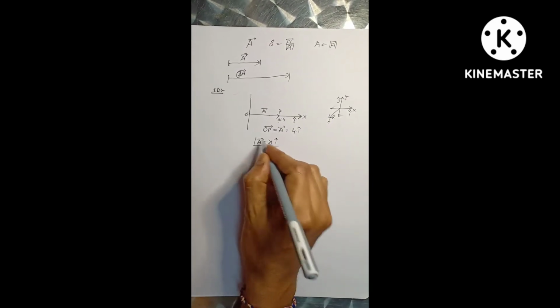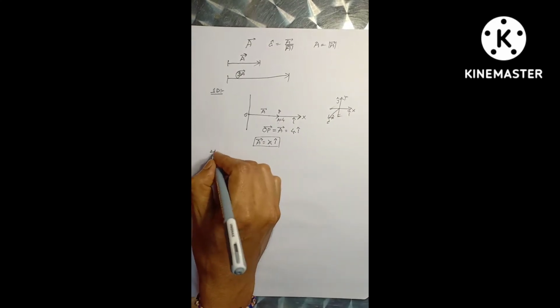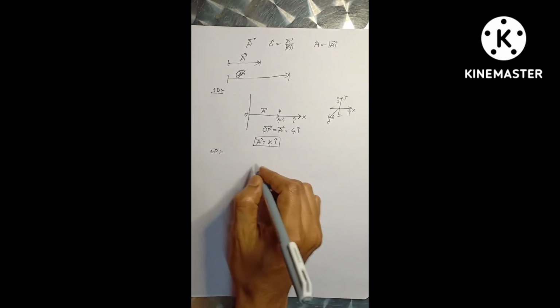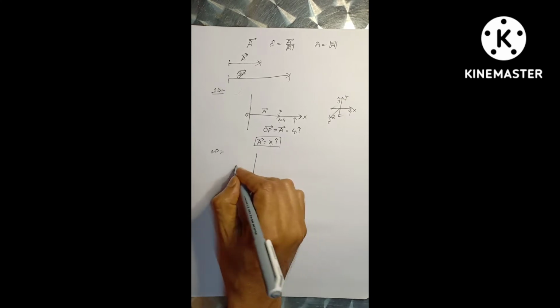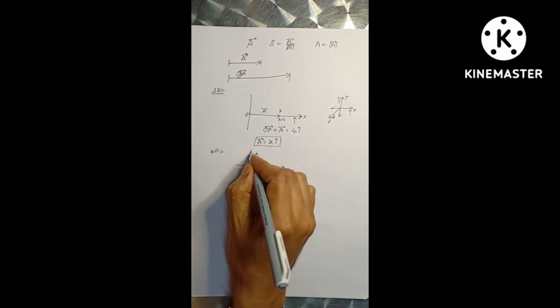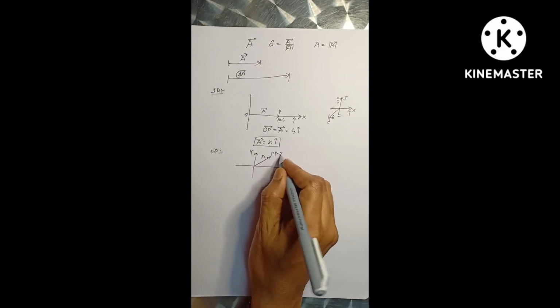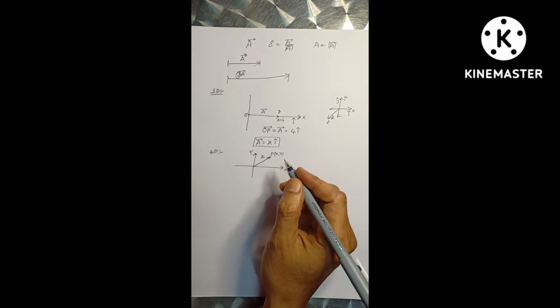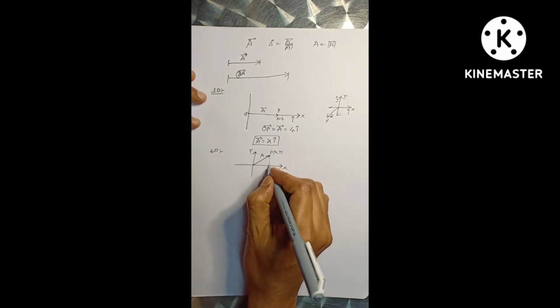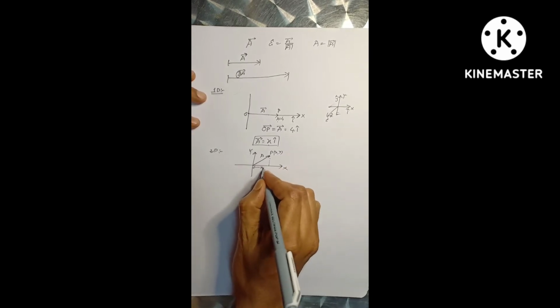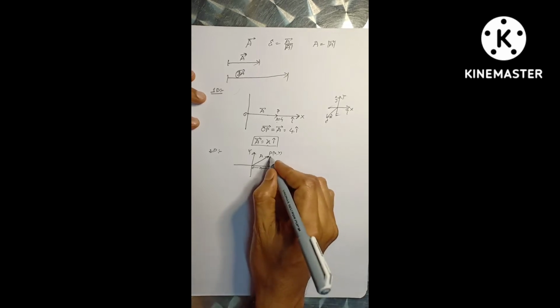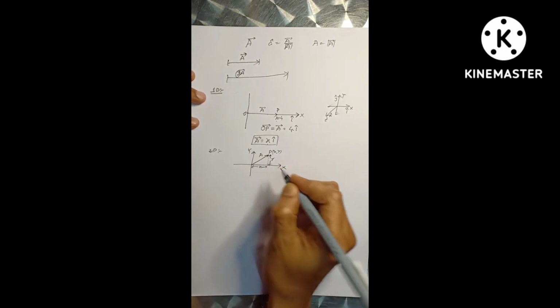Similarly, in two dimensions there are two coordinates, x and y. So A can be represented by a point P with x, y coordinates. That means x along the x-axis is this distance and y along the y-axis is this part.